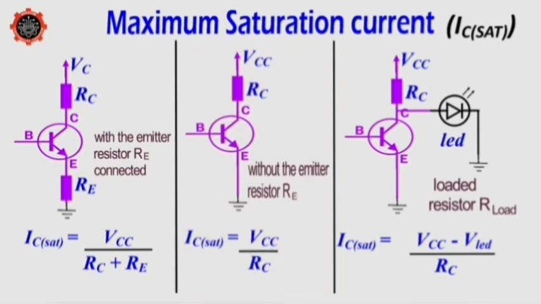And if there was a load, let's say an LED, then the saturation current IC will be VCC minus the voltage drop of the LED, divided by the collector resistor. So we can use this to calculate the maximum saturation current at the collector, which is called IC sat.